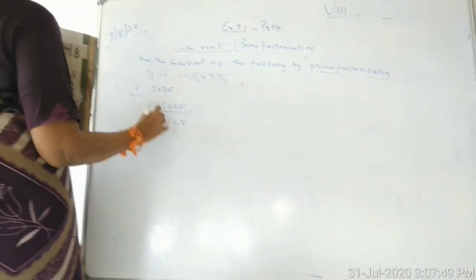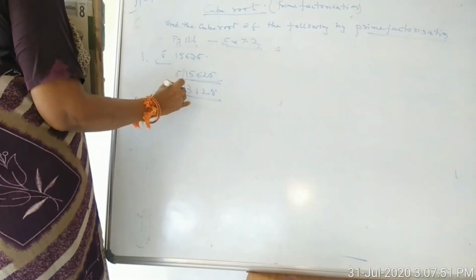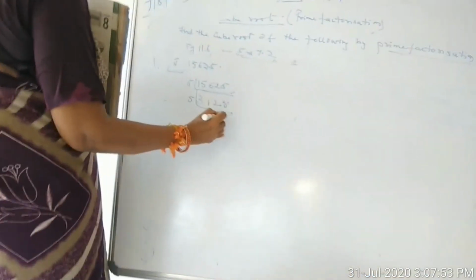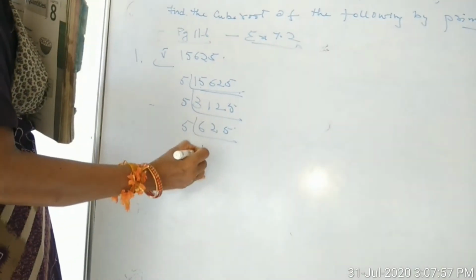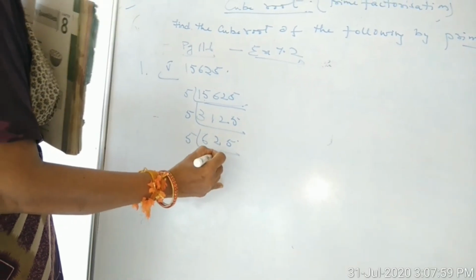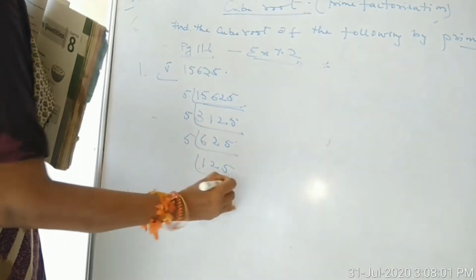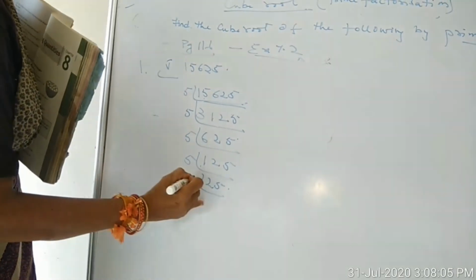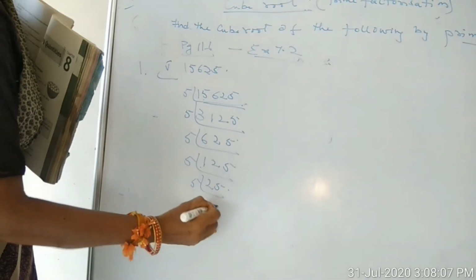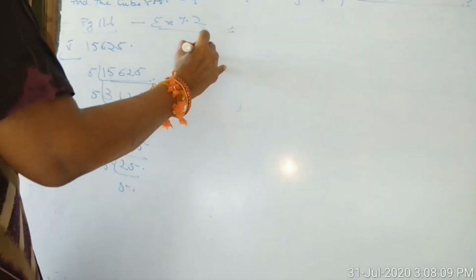Remainder 2. 5 divides 25 5 times. 5 divides 25 5 times.